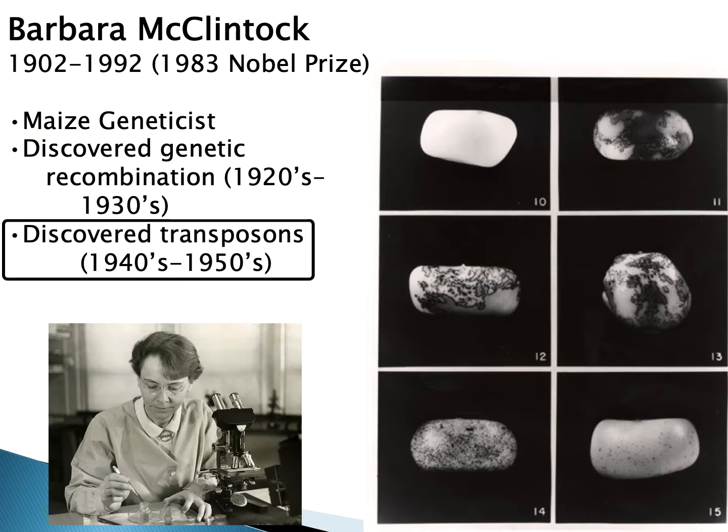She also, in the 40s and 50s, discovered these elements that move around within the genome called transposons. And at first she was sort of ridiculed for her proposal that these were moving around in the genome. But eventually people discovered that she was correct.